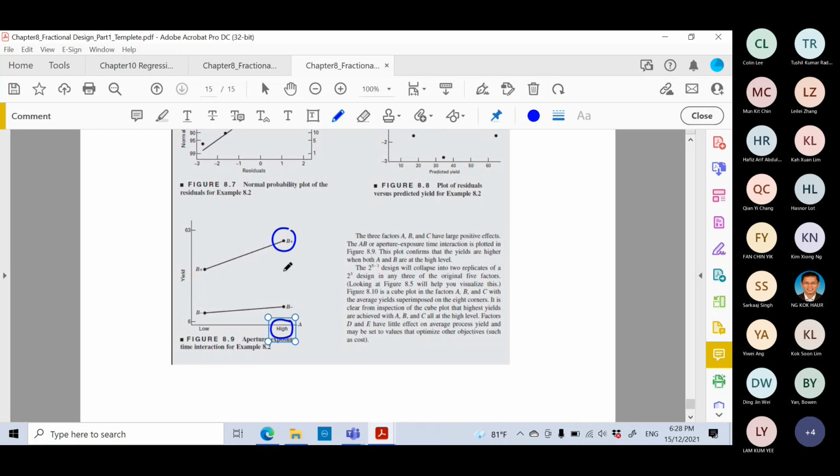Okay, so in the following scenario we will consider A at the positive side and B also at the positive side. Of course, for C you can draw the graph or you can calculate.